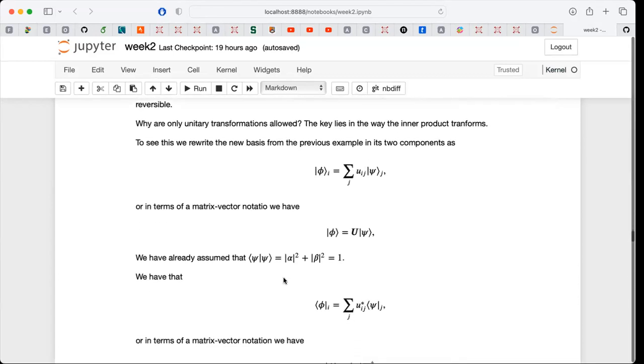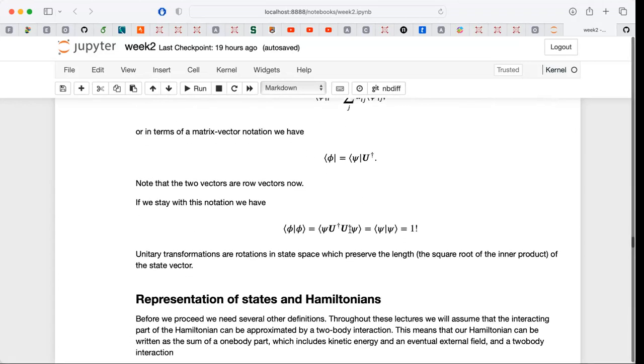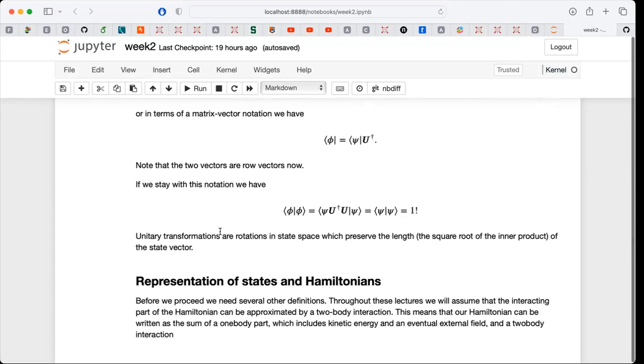And then if we have already assumed that this is normalized and orthogonal, then by these operations, we end up with this expression here. And since this is put to 1, then the nu also has to be equal to 1. So unitary transformations are rotations in state space, which preserve the length. That means the square root of the inner product of the state vector. And this becomes very important when we are dealing with the dynamics or the evolution of a quantum mechanical system.